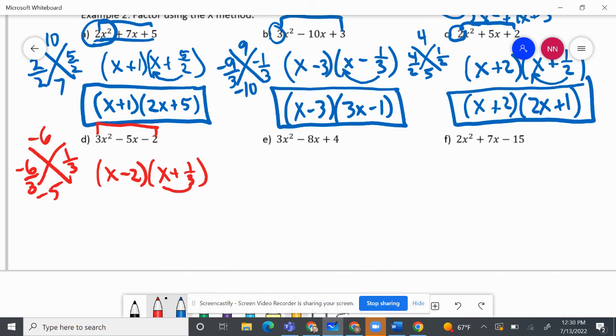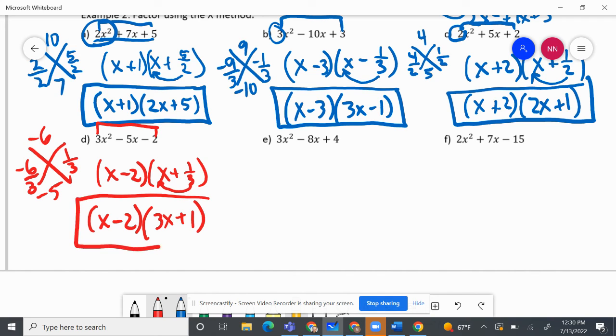Because the 3 is right here, we're going to bring it up, and we have x minus 2 and 3x plus 1. Now, eventually, you're going to get so good at this that you're going to see the 1/3, and you could even skip this step right here and go straight to writing it as 3x plus 1 once you get comfortable with this.